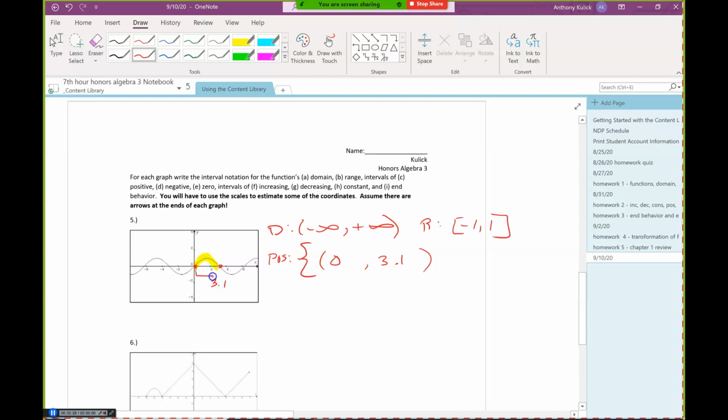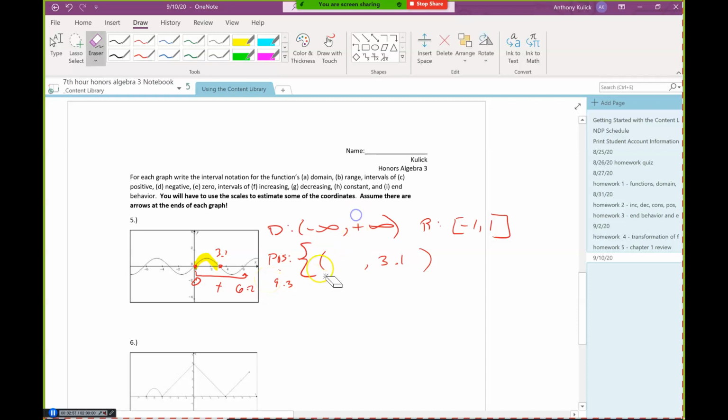And then the next positive interval starts at, say, 6.2 and would end at like 9.3. Notice to get that, I'm taking 0 and adding 6.2 to it. And if I take this endpoint and add 6.2, I should be at the end.